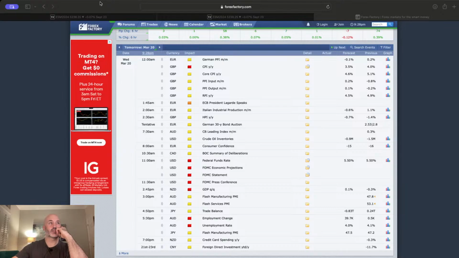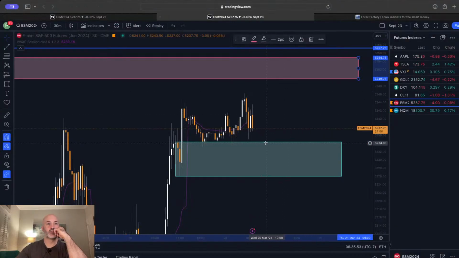All right, let's look at my chart again real quick, and we'll look at my zone. So my zone's really down to 34. If I see it come down to there, then I'm going to start looking at where I'm at.